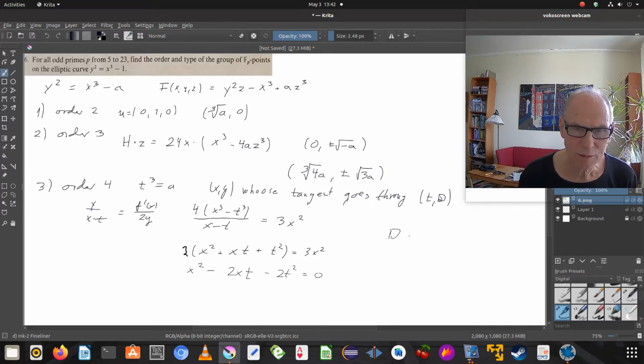The discriminant now is 4t squared plus 8t squared equals 12t squared.